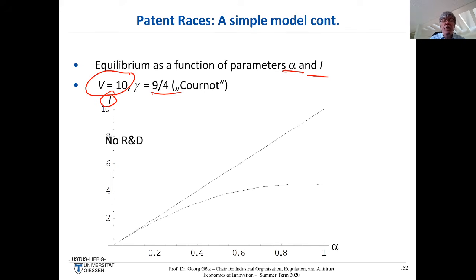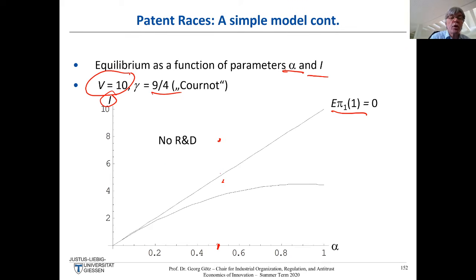And what we see here is just the locus where a single firm which invests in R&D is indifferent between doing R&D and no R&D. So if we have a certain probability of success, if I is higher than this locus, you wouldn't invest in R&D.